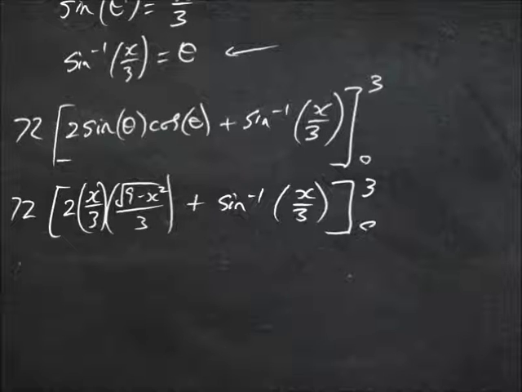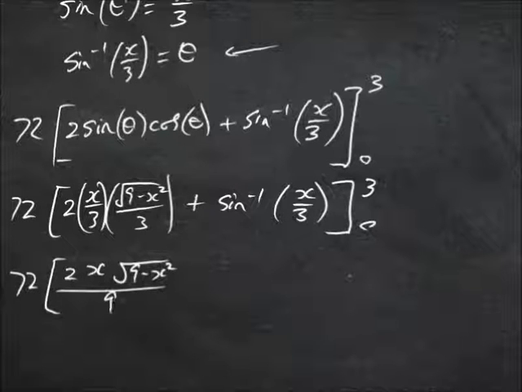So we can rewrite this as 72 times x square root of 9 minus x squared over 9 plus inverse sine of x on 3.